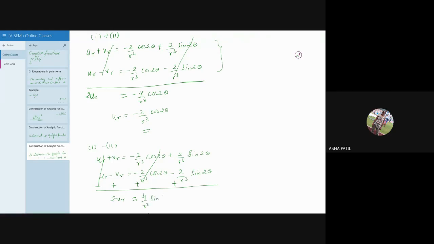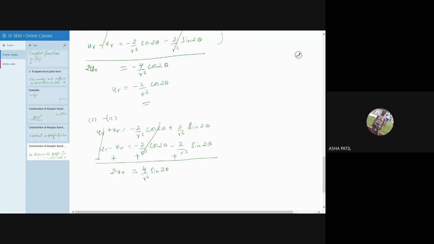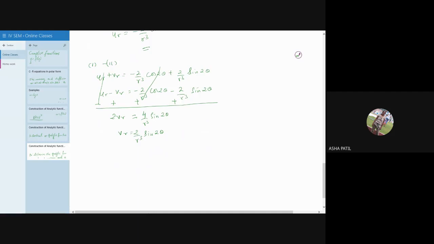VR is equal to 2 by r cube sine 2 theta. Now let us go for f dash z. f dash z is equal to e raised to minus i theta, UR plus i VR.